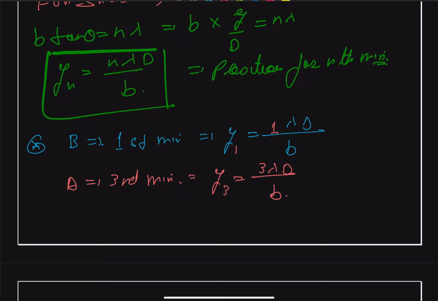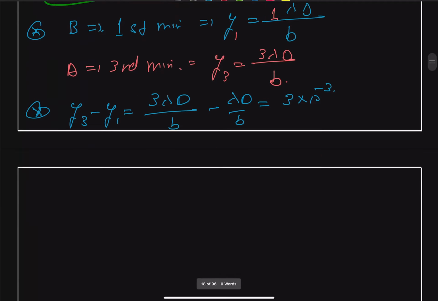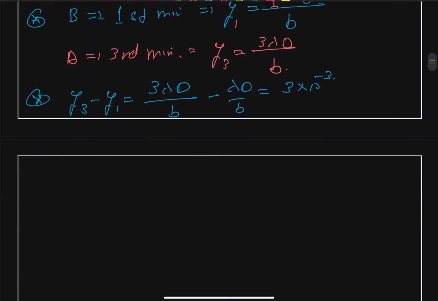And the difference between the two is given to us. So we can use that our y3 minus y1, which is 3 lambda D upon B minus lambda D upon B, is equal to 3 into 10 to the power minus 3. And lambda and capital D values are given to us.